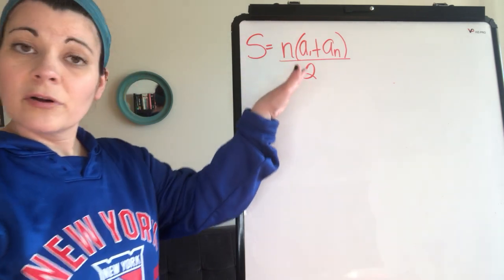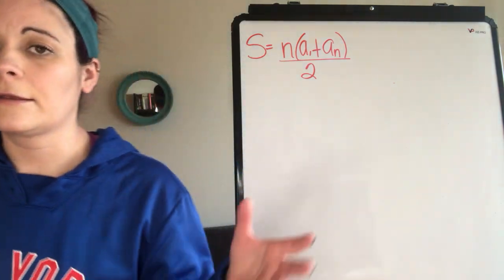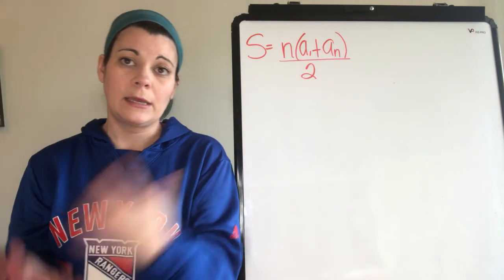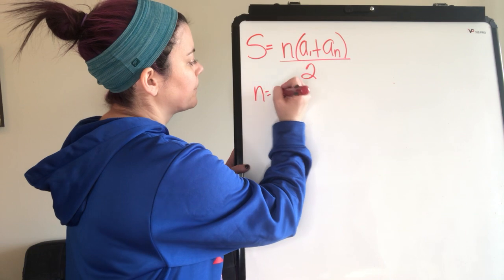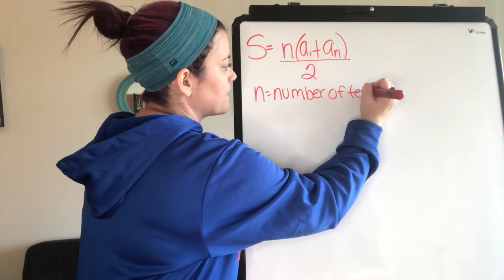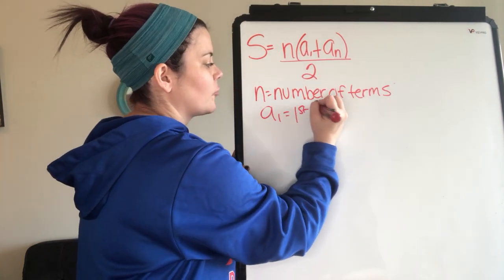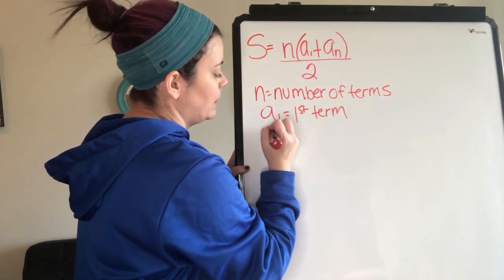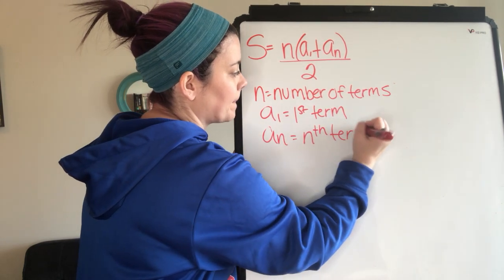N is the number of terms that you're doing. Let's say the series consisted of 100 terms, so n would be 100. So n's the number of terms. A1 is still the first term. And a to the n is still the nth term.